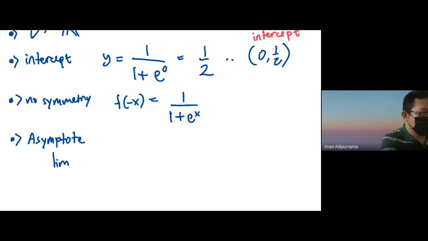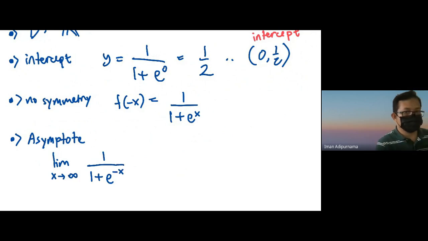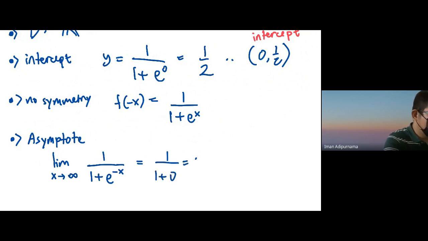First, we check the limit as x approaches positive infinity of 1 over 1 plus e to the negative x. This results in 1 over 1 plus 0, which is 1.